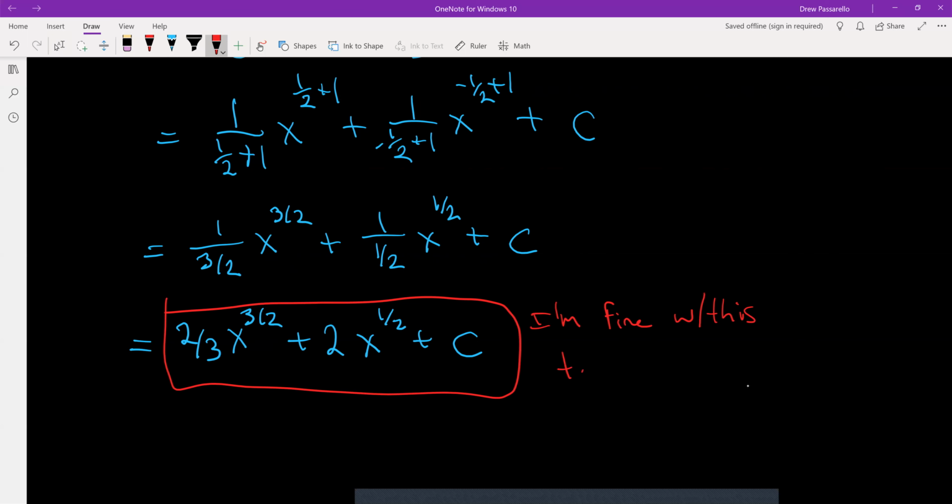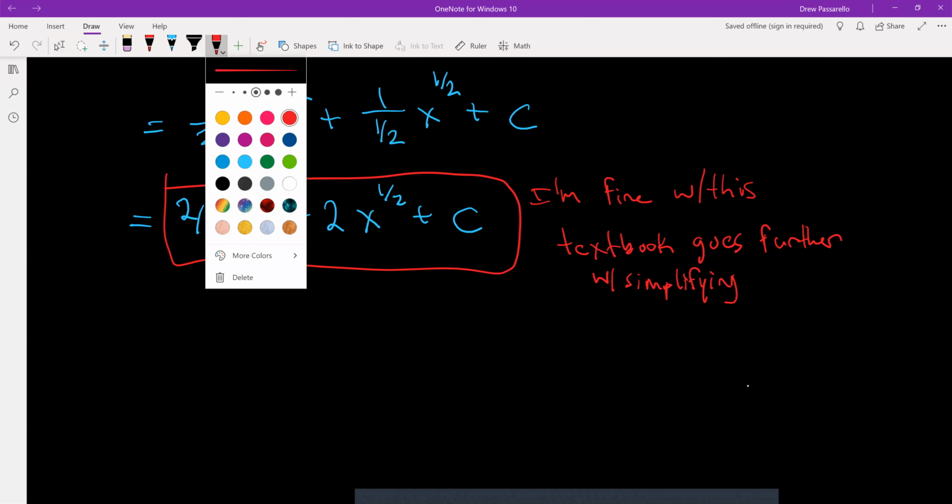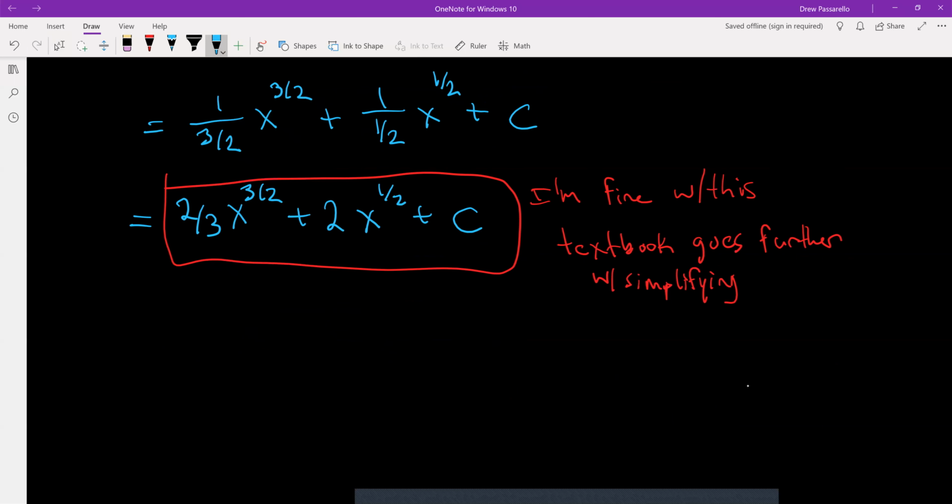The textbook just goes further with the simplifying. And by how they simplified it, well, for one thing, we have 2 out of the 2/3, and we have 2 in the other value.